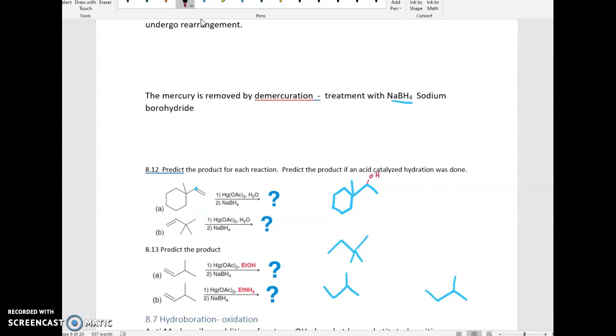Now, if we had not used the mercuration demercuration method and used acid, we would have gotten an intermediate that looked like this. This is a secondary carbocation, and it would have rearranged.